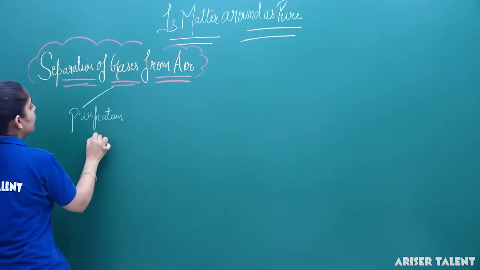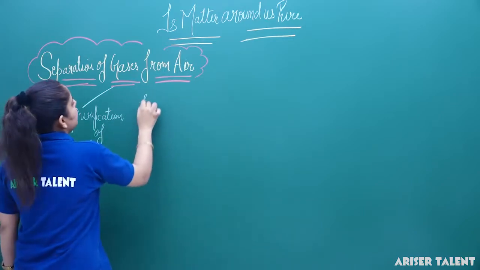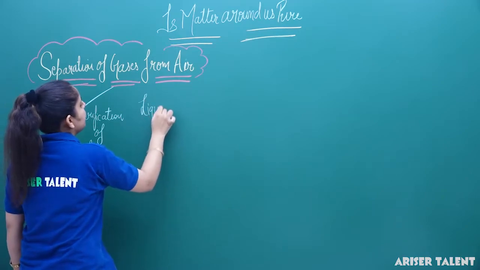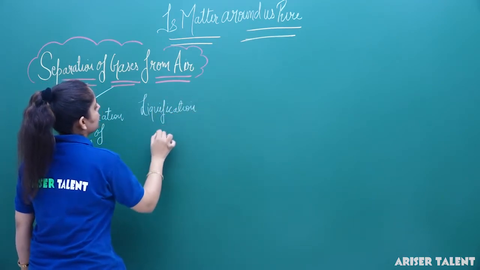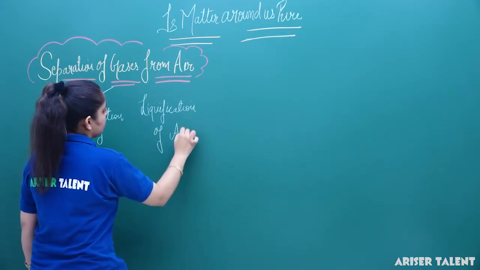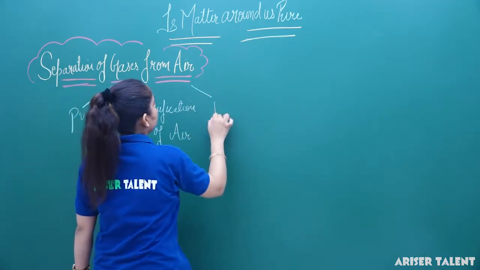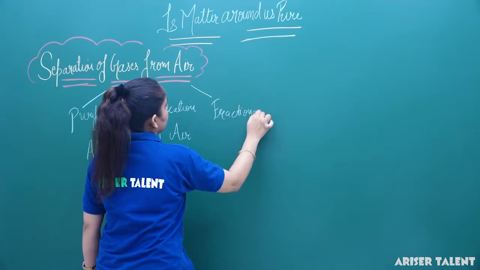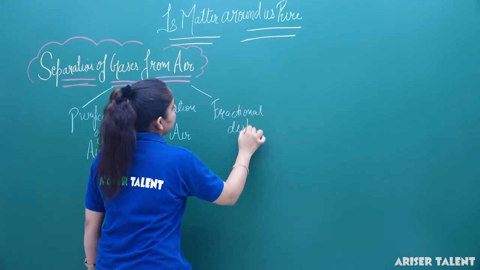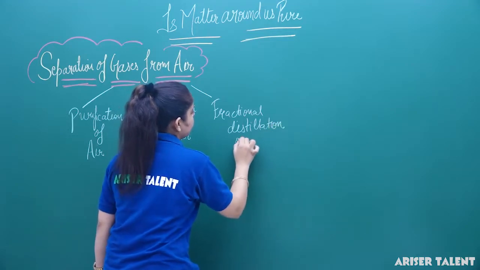First step you will do is purification of air. Second one is liquefaction of air. And the last one is fractional distillation of air.